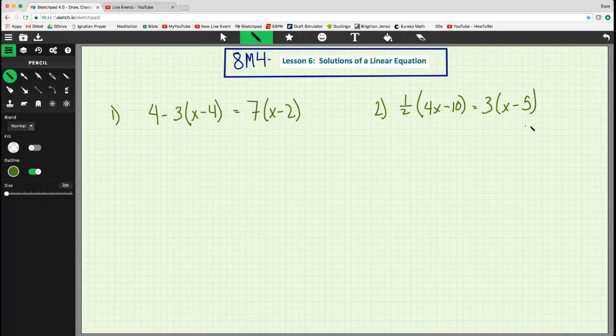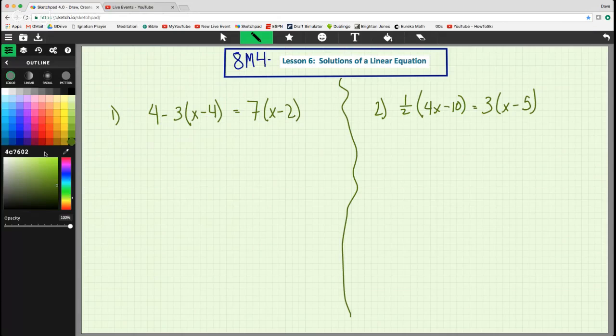Okay, so let's do these problems. These problems rely on the building blocks of distribution and on the solving of equations that we worked on in lesson 5. So let's look through these problems. Now, the first thing that we're going to do in all of these problems really is we're going to distribute. Let's use a different color as we distribute and solve these problems. So here, this is our distribution problem right here.